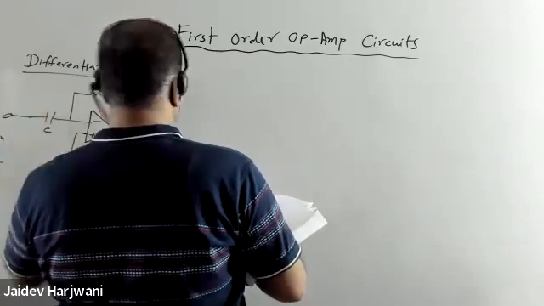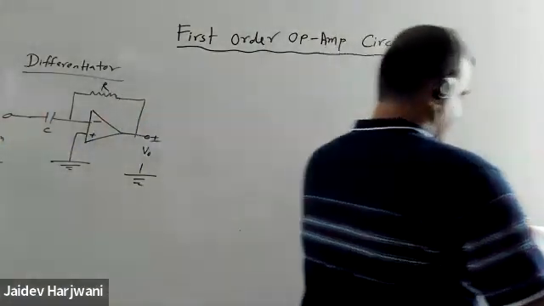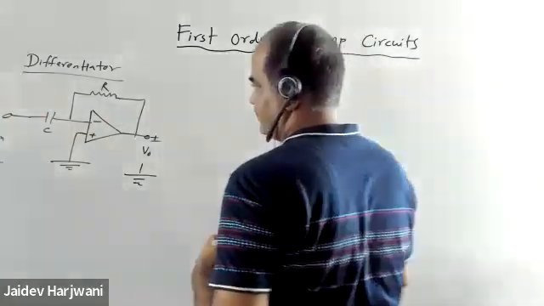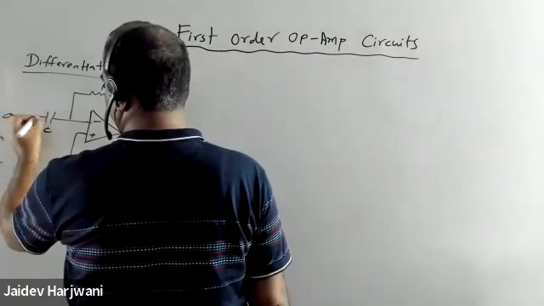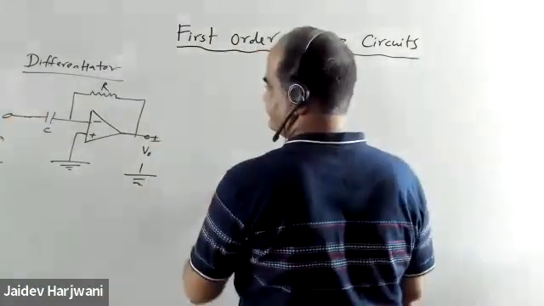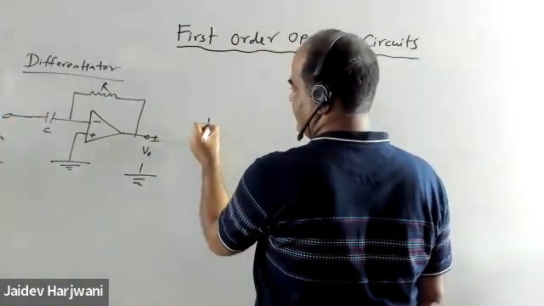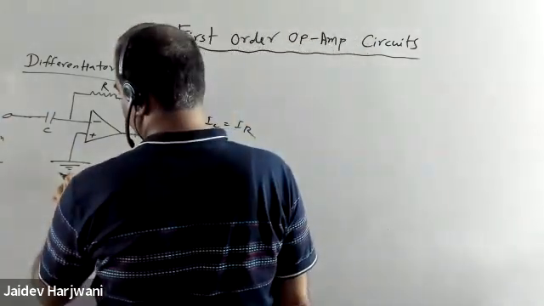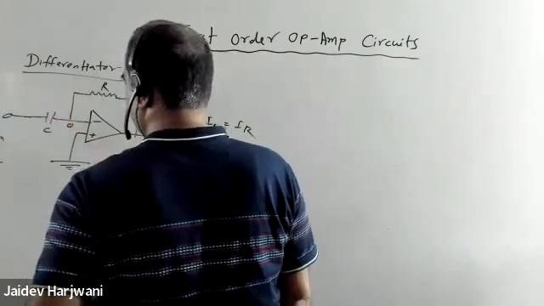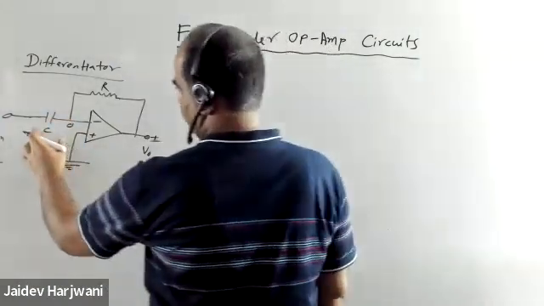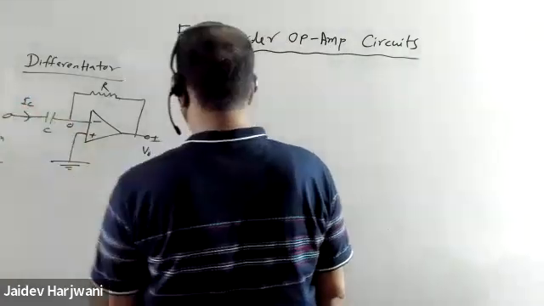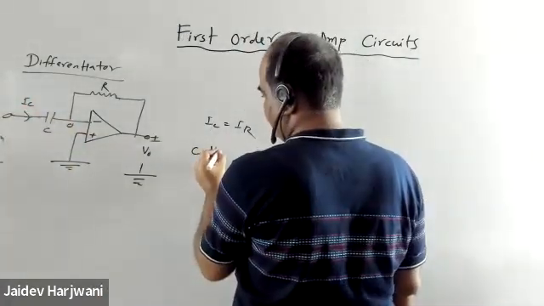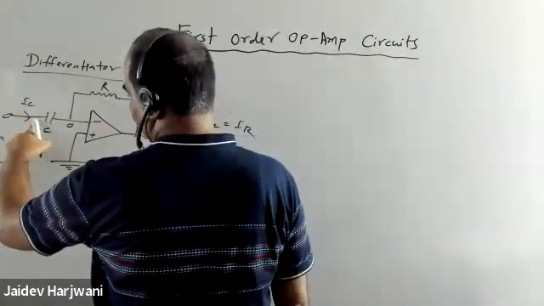Okay, so again you have to write the equation. Okay, equation क्या हो जाएगा? IC into IR. So this is 0, so this is also 0. Okay, now the current through capacitor IC is equal to C dV/dt. Now instead of V here it is V input at 0.